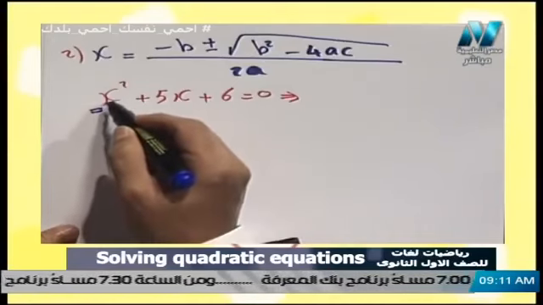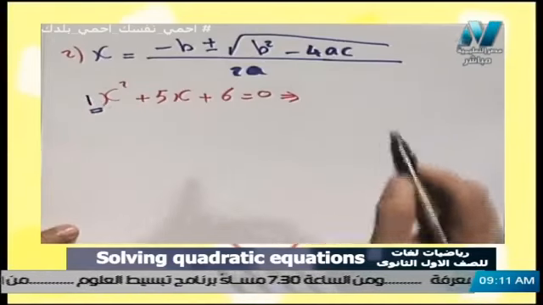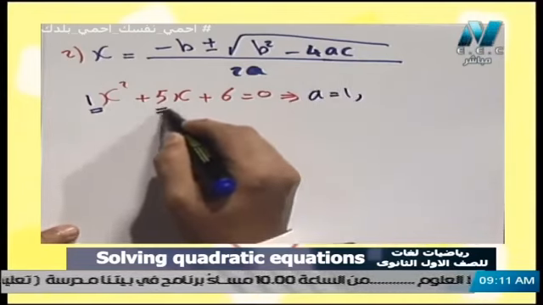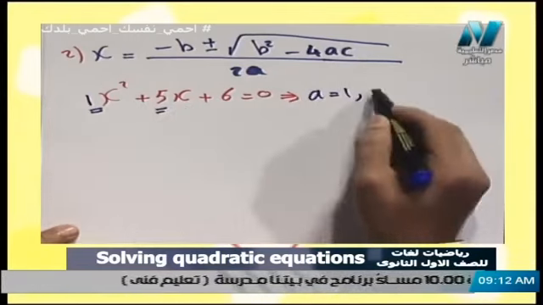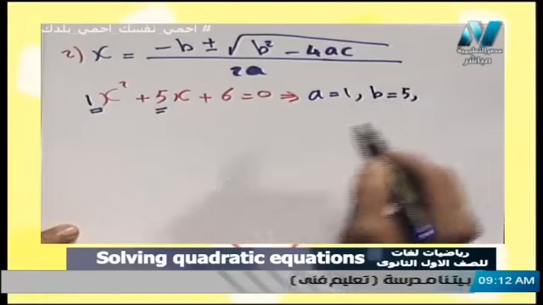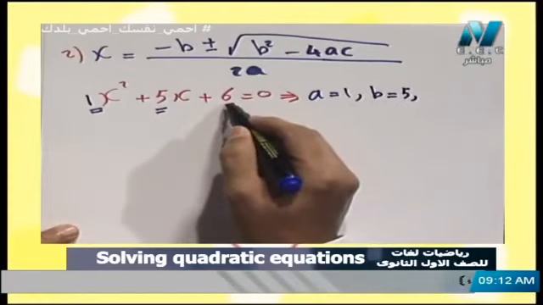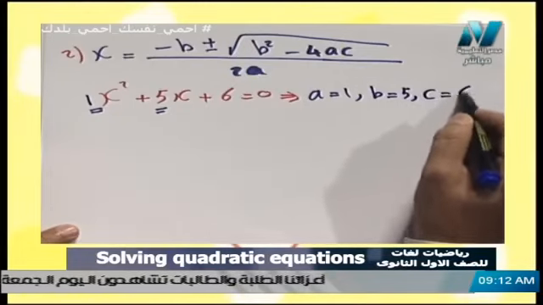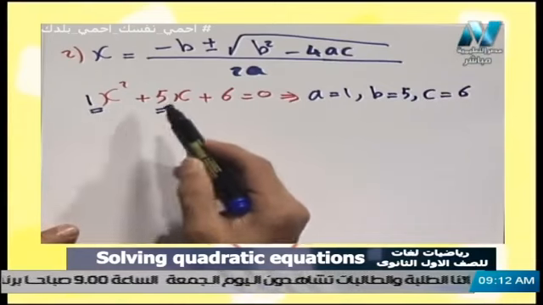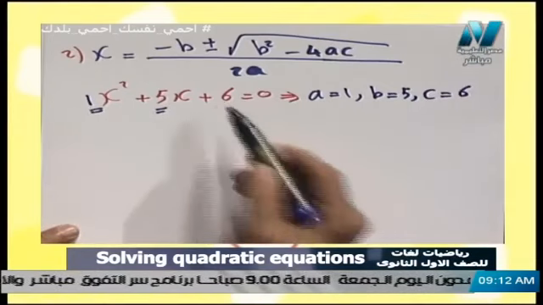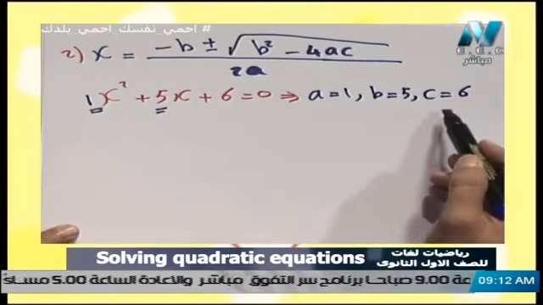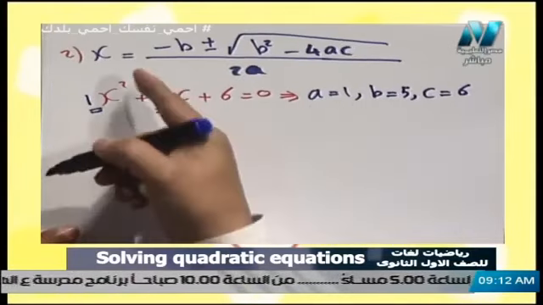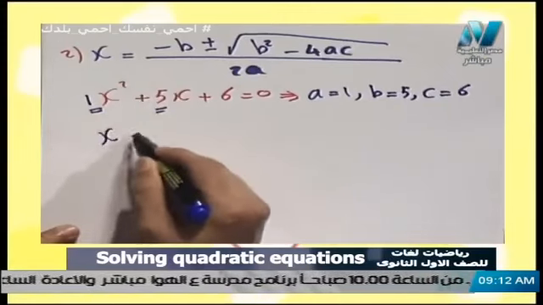What is the coefficient of x power 2 here? It will be 1, so a equals 1. And b is the coefficient of x, so b equals 5. And c is the absolute term, which is 6, so c equals 6. A equals 1, b equals 5, and c equals 6, and we will substitute here by a, b, and c. So to solve this equation, we put x.